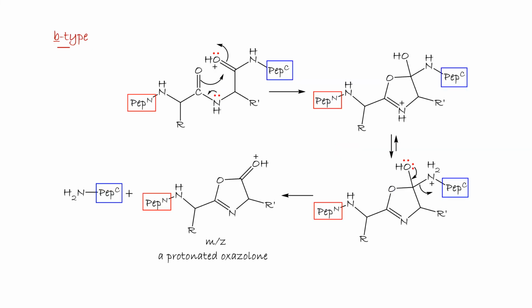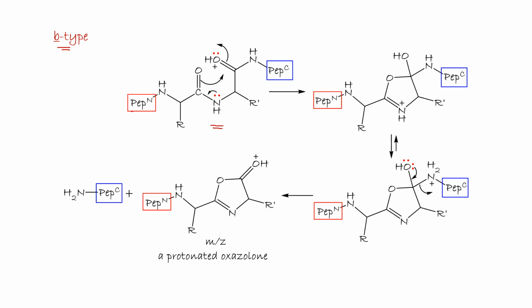For the B-type fragmentation pathway, here we have the protonated molecular ion, where the protonation occurs on this oxygen.